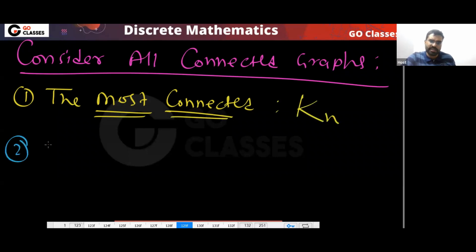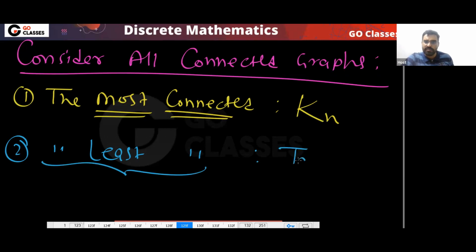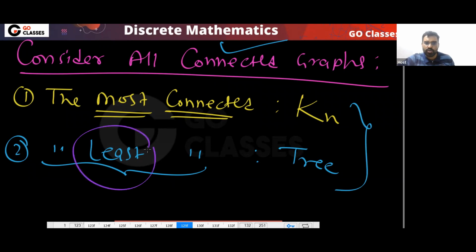And who is the least connected? That is your tree. If you consider all connected graphs, then the most connected is the complete graph, and the least connected is the tree. Yes or no? You already know this. The tree is the least connected graph.